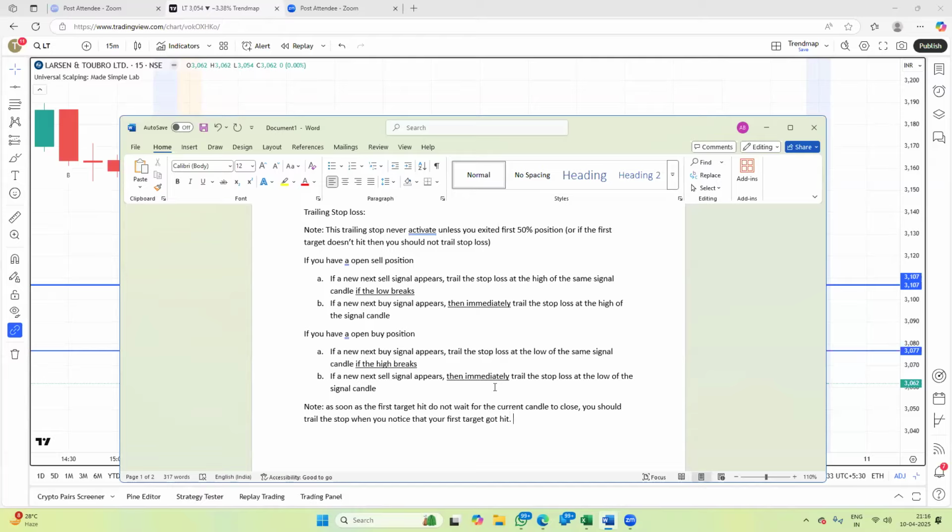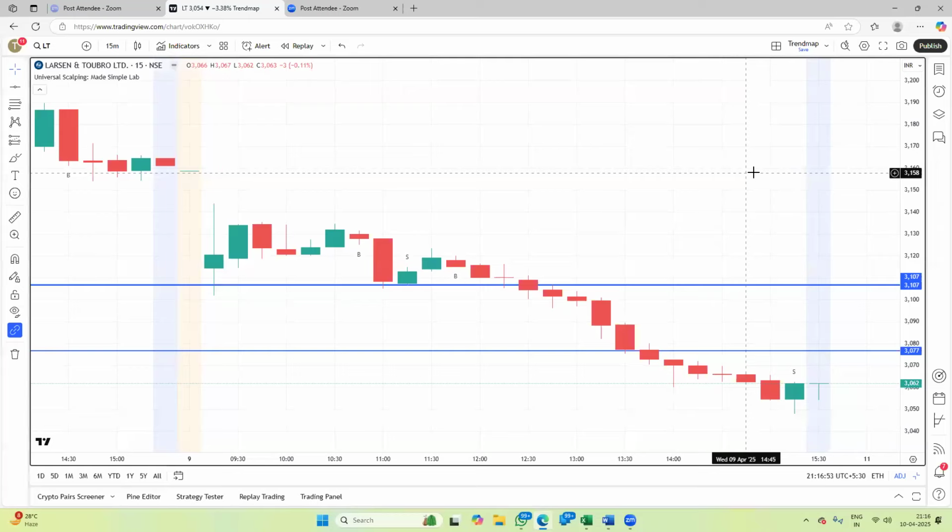Our ultimate goal in 1C, 2C is to hold the trade for long, because it's the only signal of the day. But this strategy is scalping in nature. We are trading multiple instruments, and multiple signals may appear in a day. So that is the reason we trail based on the logic and the style of the trading.